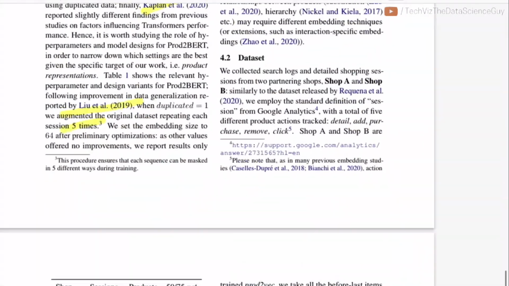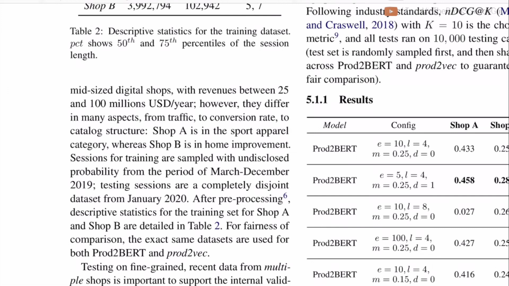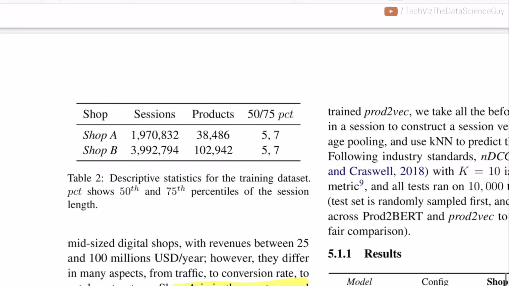Talking about the dataset, the authors work with 2 datasets from shop A and shop B, wherein they collect the search logs for each of these shops, which have around 5 product actions like detail, add, purchase, remove, and click. Both of these are digital shops, where shop A is about sports apparel and shop B is about home improvement. These are some of the statistics, in terms of the number of sessions and number of products listed.